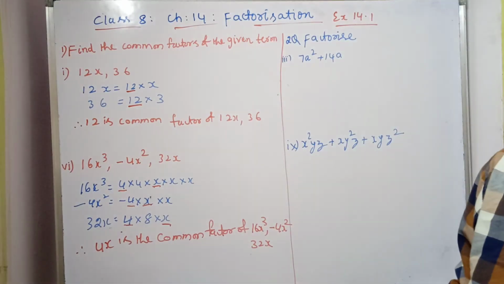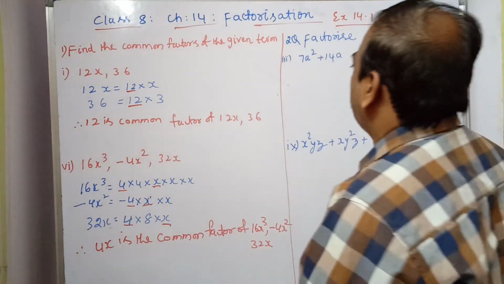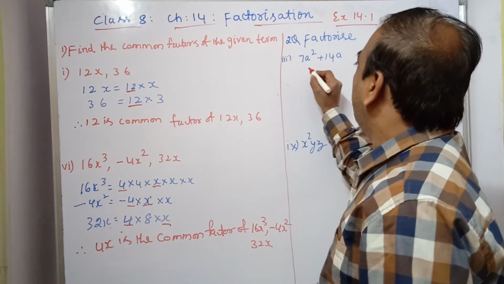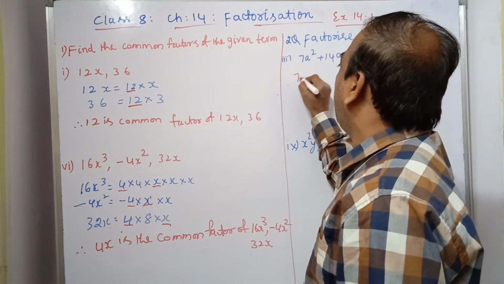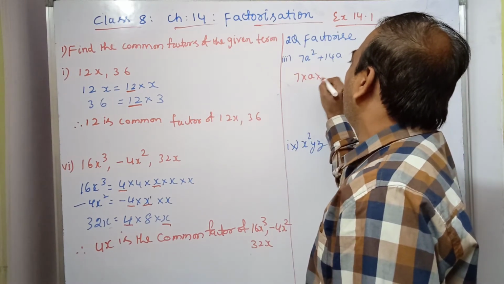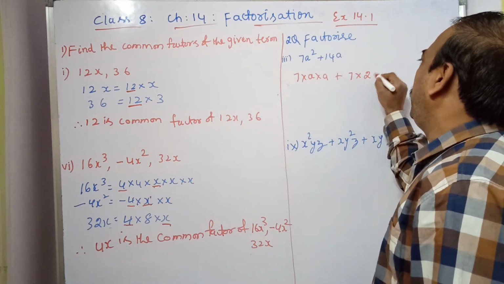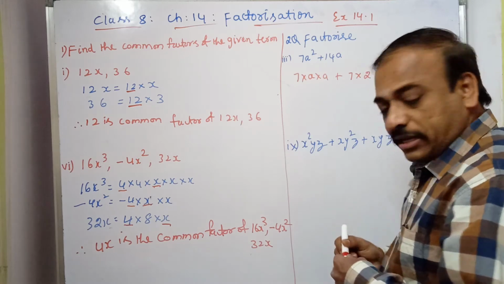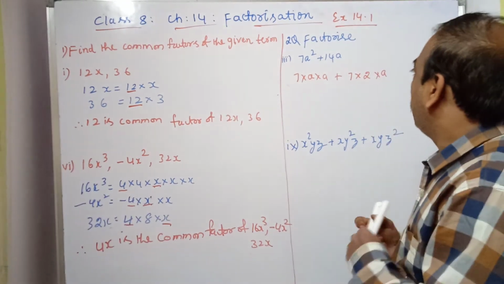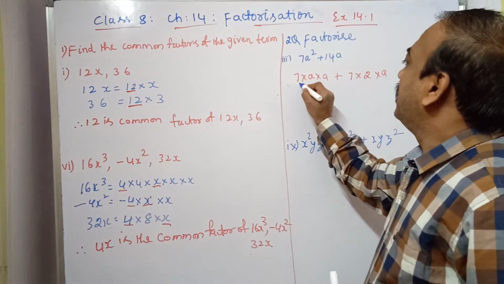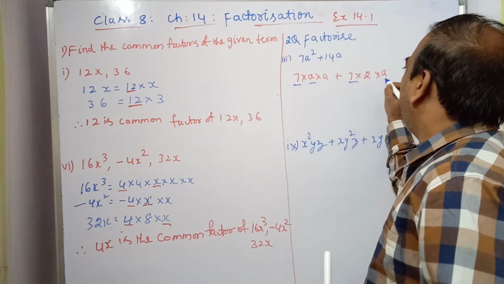Now let us see factorization. How to factorize? So here 7a square plus 14a. 7a square can be written as 7 into a into a, and 14a can be written as 7 into 2 into a. Observe it. 7a is common.